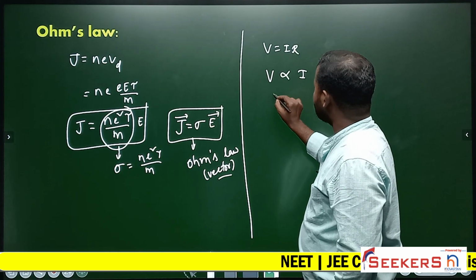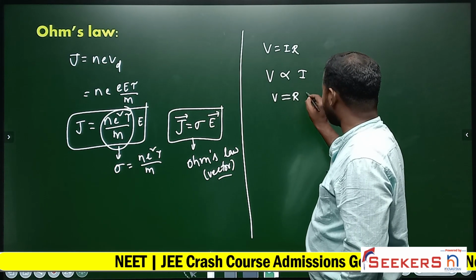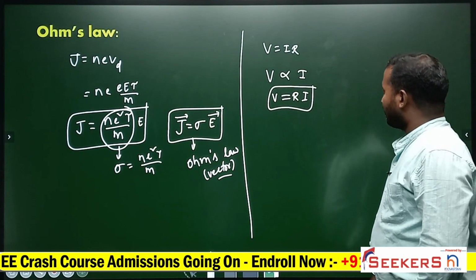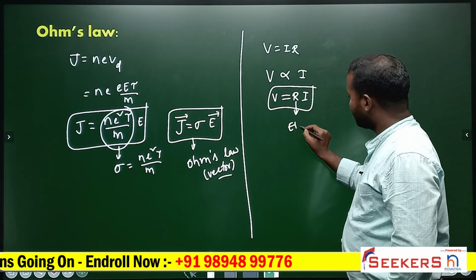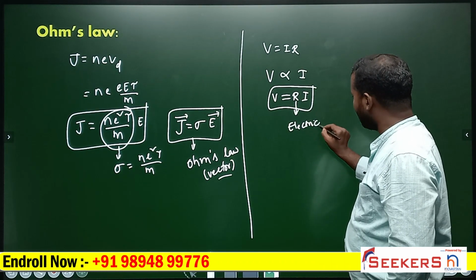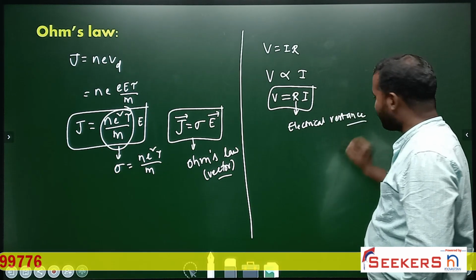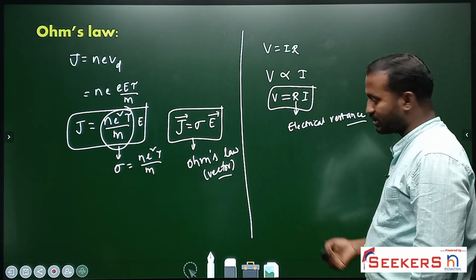If I remove this proportionality constant, I get R as a proportionality constant. That's how you can understand Ohm's law. Now what is this R? R is nothing but electrical resistance. Electrical resistance is the opposition offered by a conductor to the flow of charge carriers.